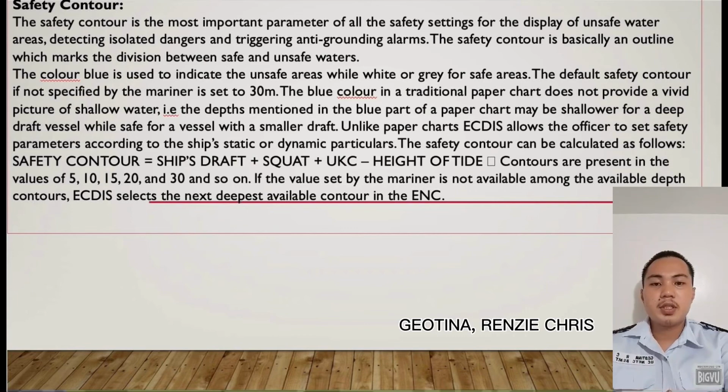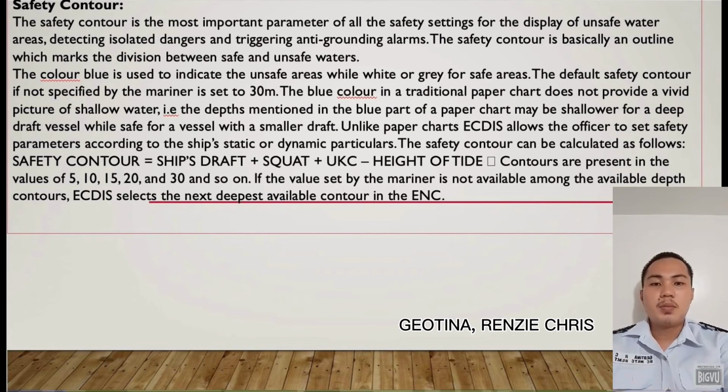Unlike paper charts, ECDIS allows an officer to set safety parameters according to the ship's static or dynamic particulars. The safety contour can be calculated as follows. Safety contour equals ship's draft plus squat plus UKC minus height of tide.